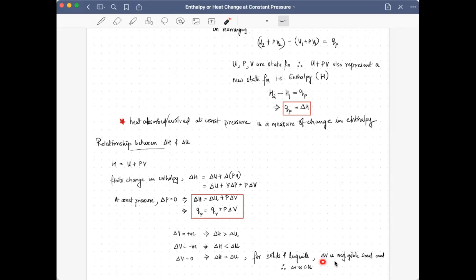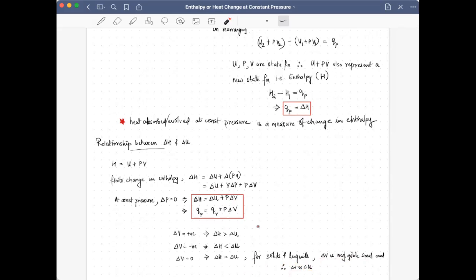Therefore, the delta V term would be negligibly small, and you can think of this term as not being there. In such cases, especially in solids and liquids, you can expect delta H and delta U to be approximately the same value.